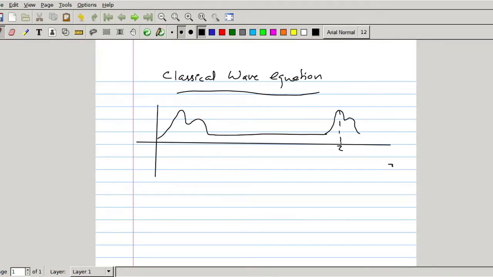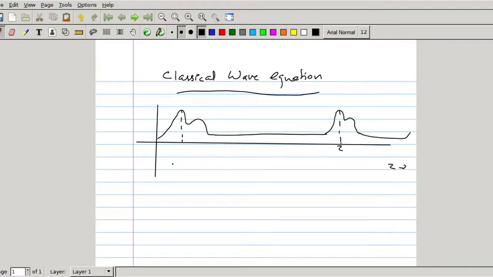This is the z direction, and this shape is traveling. After some time it will again reach another point. So this shape of the wave at this position, let this be at time t equal to 0.